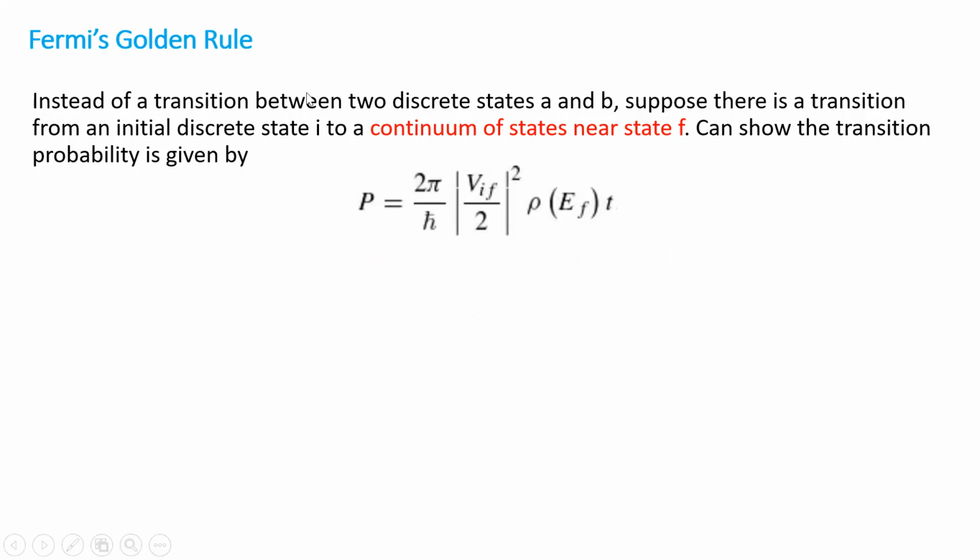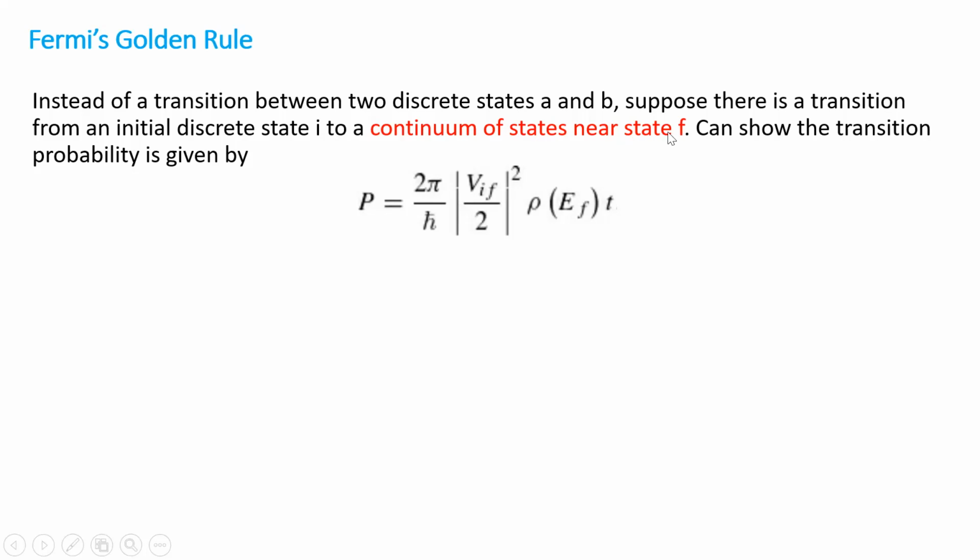So suppose there's a transition from an initial discrete state I, for example, a bound state of the hydrogen atom, to a continuum of states near state F. For example, if the hydrogen atom got ionized, then it would go from a bound state to a state in a continuum of states, a free particle state for the electron that would travel away from the atom.